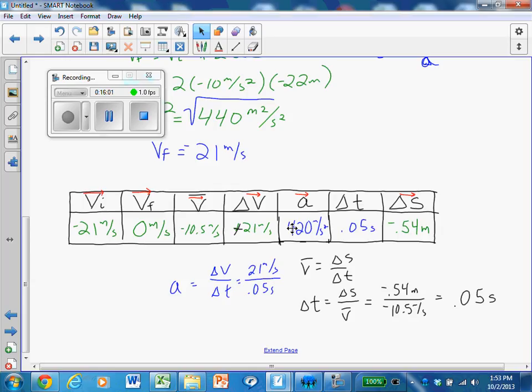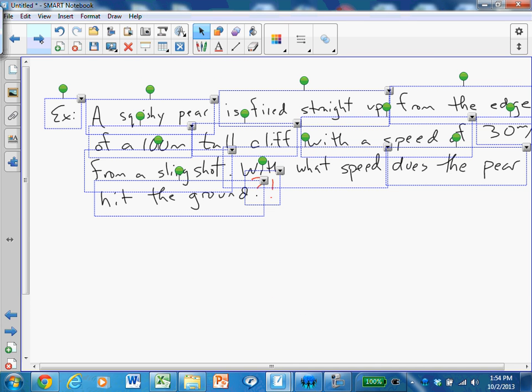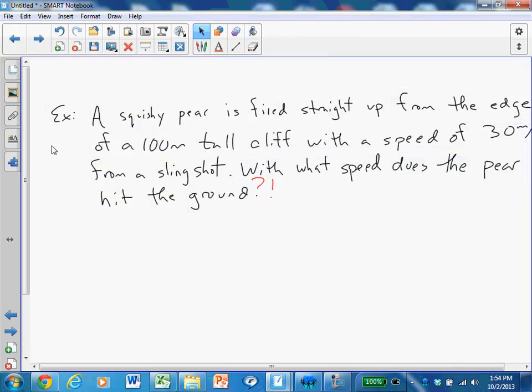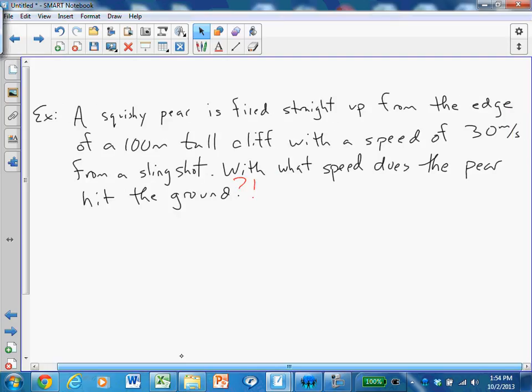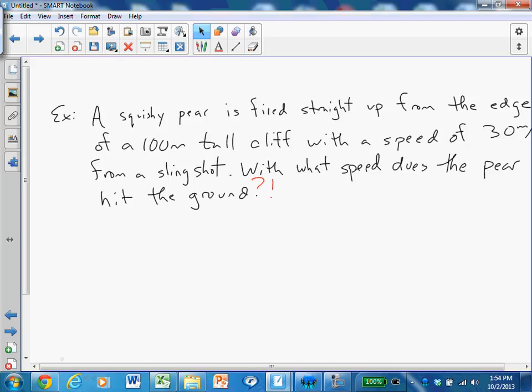So, all right, one more problem. You can write it down. A squishy pear is fired straight up from the edge of a cliff, of a 100-meter tall cliff with a speed of 30 meters per second. With what speed does the pear hit the ground?